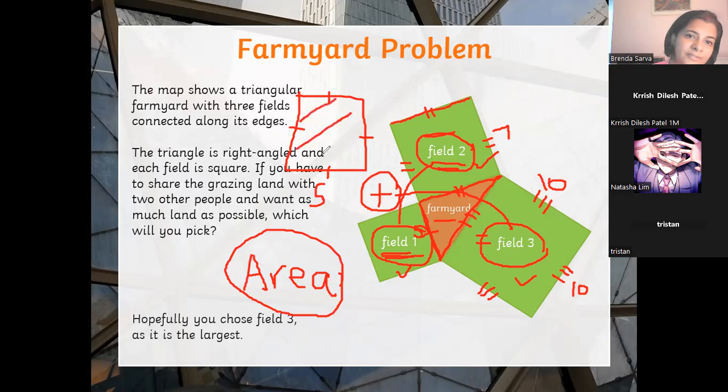How do you find the area, Tristan? Length times height. Okay, now the length is 5. Height is also 5. So what's the area? Very good. It's 25. Am I right? 25. If this is meter, then it will be meter squared.